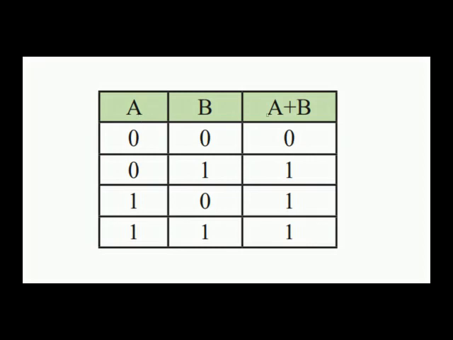Then if we put it into a truth table, this is the truth table of the OR gate. When both electric signals are not present, you get a 0 output. You can't light the bulb. If you take an example of a bulb, you can't light it if there are no electric signals.